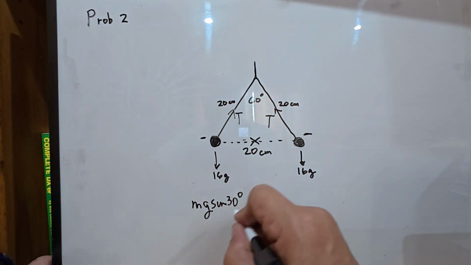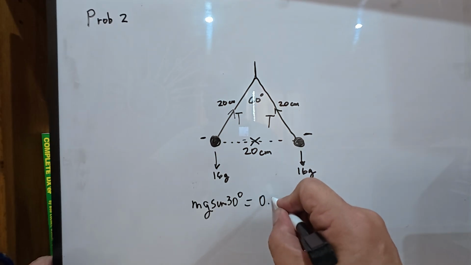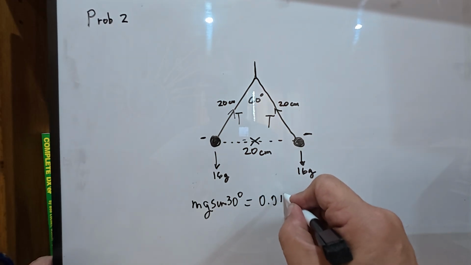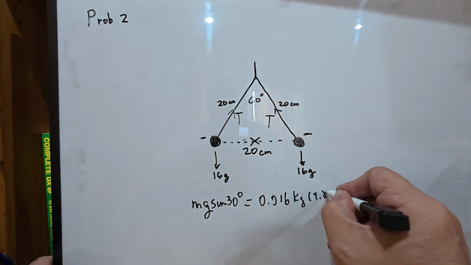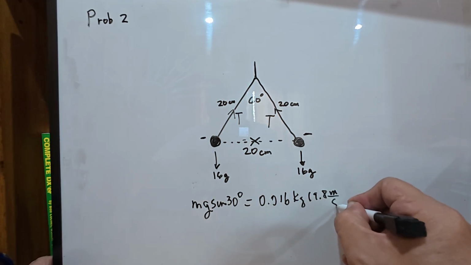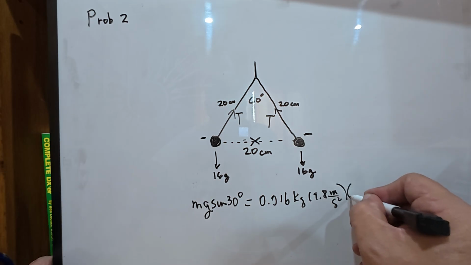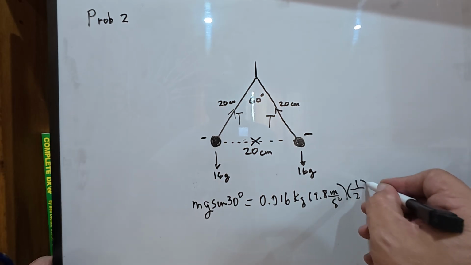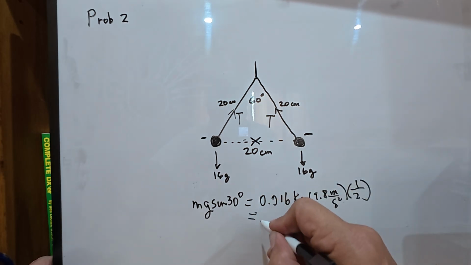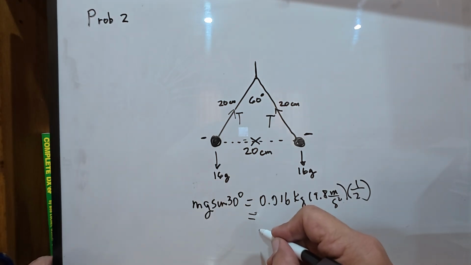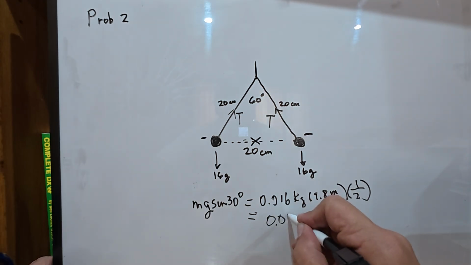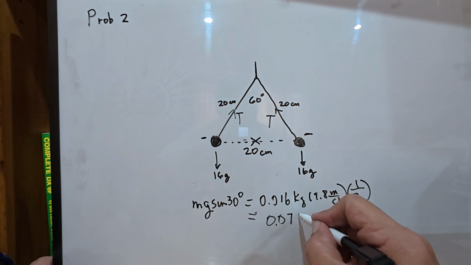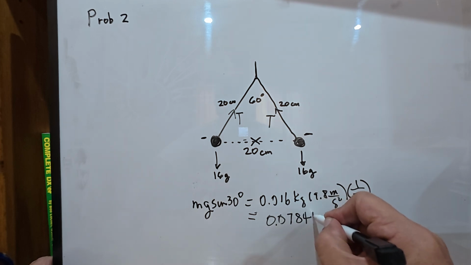So this is equal to 0.016 kilograms times 9.8 meters per second squared times the sine of 30, which is 1/2. And that gives us a force that is equal to 0.0784 newtons.